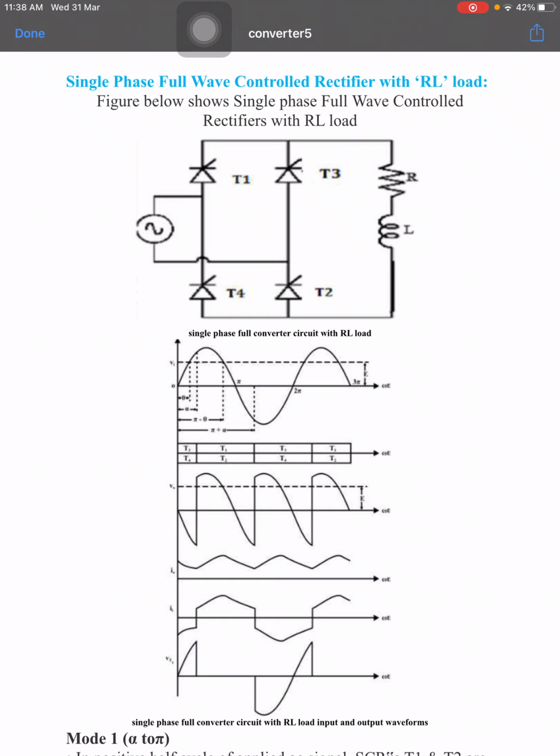Mode 3 is pi plus alpha to 2 pi. Mode 4 is 2 pi to 2 pi plus alpha. Out of the four modes, in two modes T1, T2 are on, and in the other two modes T3, T4 are on.